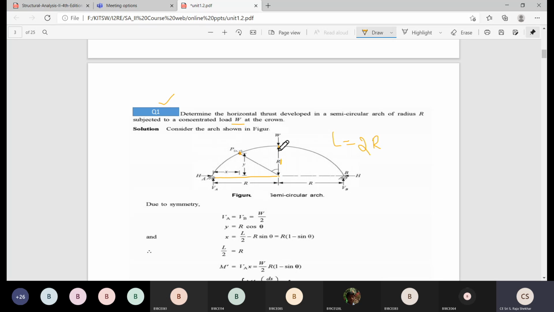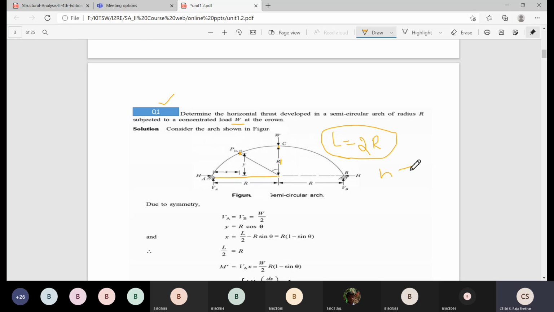Now the load capital W is acting here, and for that we need to calculate the horizontal thrust. Here the rise is capital R and the span is 2R. Try to remember this.